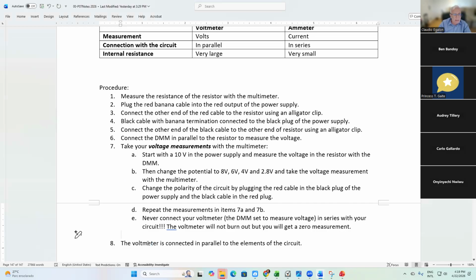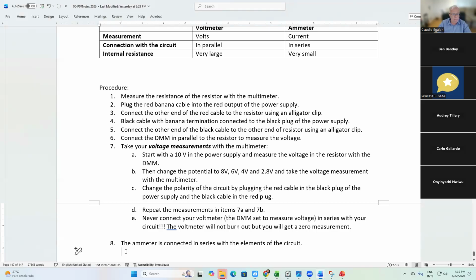Okay, so there's a typo here in my notes. The ammeter is connected in series with the elements of the circuit. Okay.